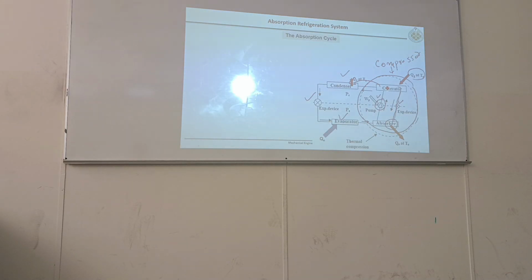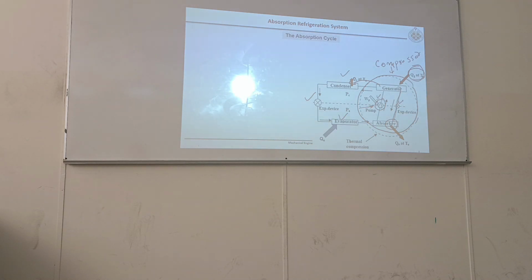Why? Because we want to condense water at a high temperature. Water was absorbing at a low temperature; now we want to condense the same refrigerant at high temperature. So we increase the pressure of the liquid, not gas. Here we have to supply electrical energy, but that will be very negligibly small compared to the heat used to separate the refrigerant. But at the same time, this is going back.